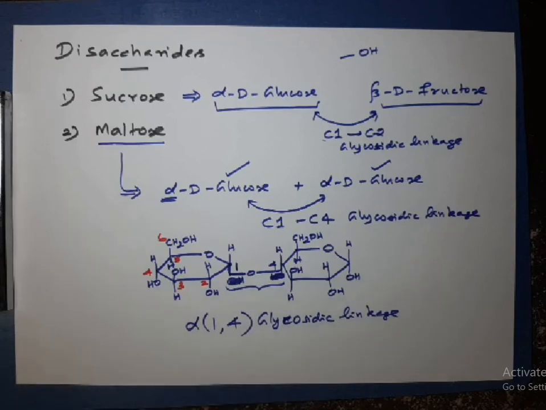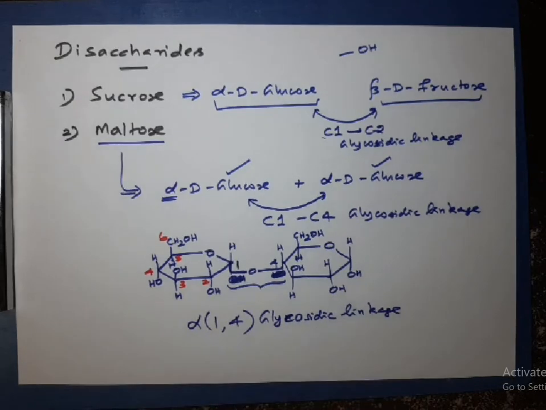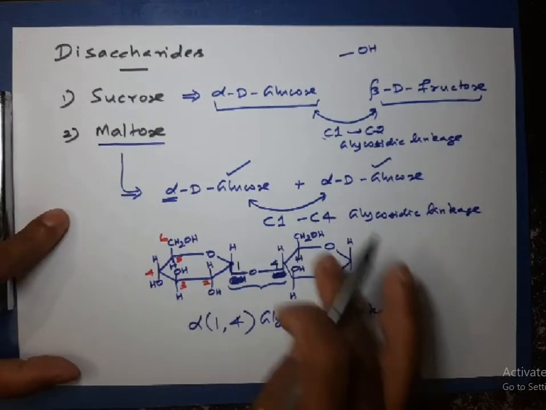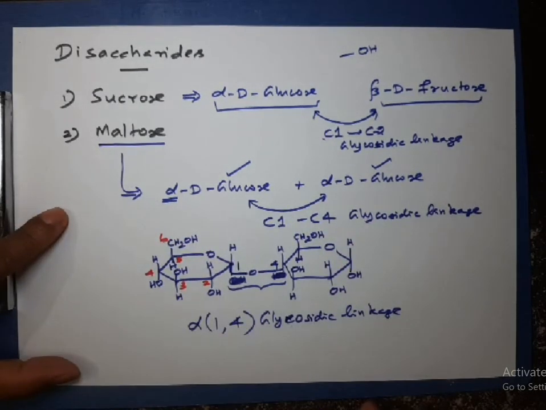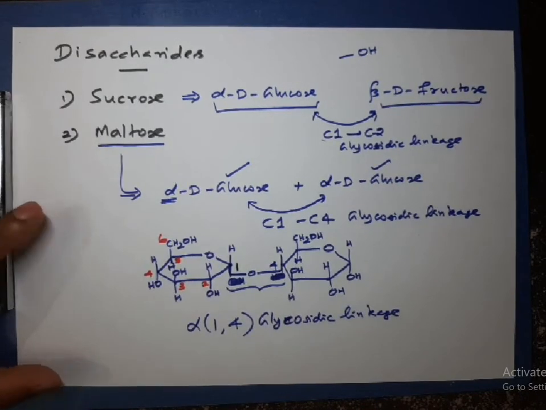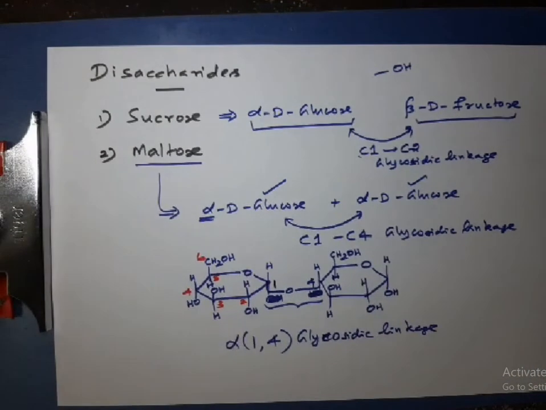Keep this in mind. This is maltose. Students, observe this carefully, it's a very important point. In maltose, how many OH groups are there? Can you count and tell me the number of OH groups in maltose?